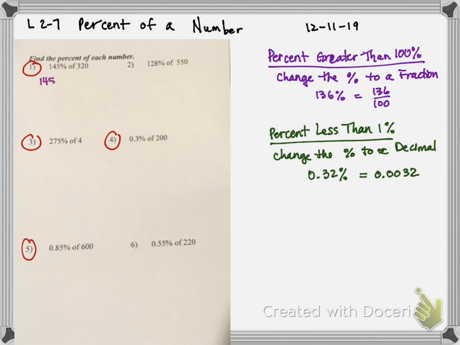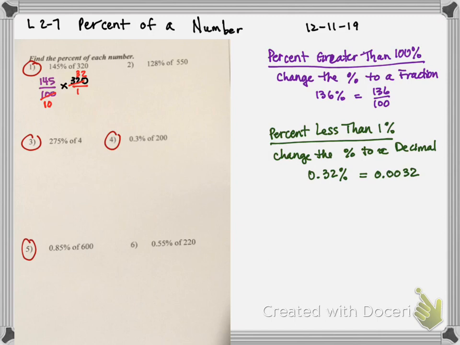I'm going to make it 145 hundredths. Of always means to multiply, and we're going to multiply by 320. And because I have to have two fractions, I'm just going to create a denominator of 1. All right, so I'm going to see what I can simplify by. Let's see. 10 can go into 100 10 times and into 320 32 times.